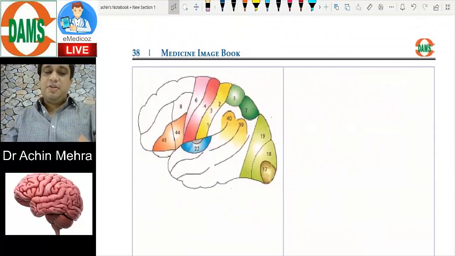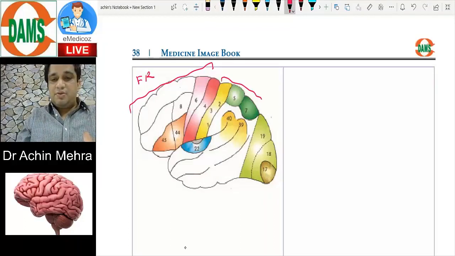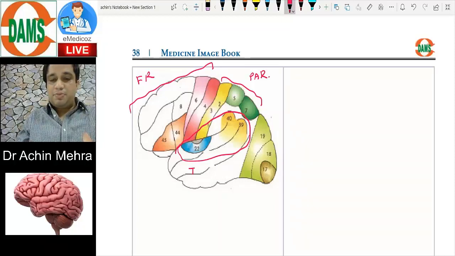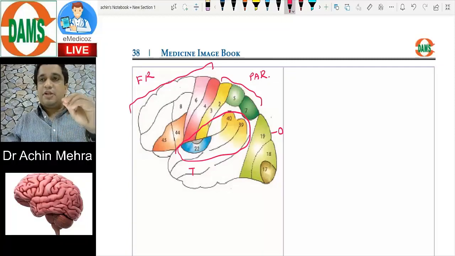If you remember this particular zone, yes, it is the frontal lobe. Yes, the frontal lobe, and this becomes your parietal lobe, and this could be the temporal lobe, and the occipital lobe at the back. So these are the four basic lobes, and what are the areas located in them?